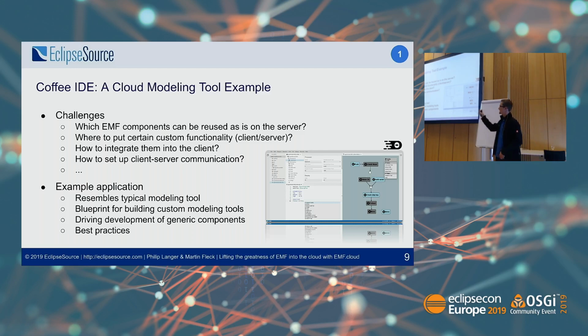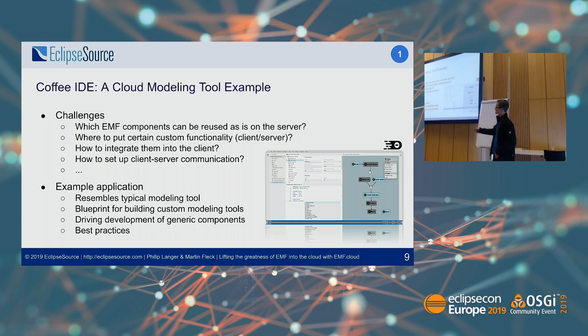We have dealt with all these challenges in our projects, and what we would now like to do is to provide an example model to also document our opinion on how these different challenges can be addressed. Of course, there might be other opinions or other ideas that are better for other solutions, but this is just a solution that worked for us for a couple of applications and that I would like to share.